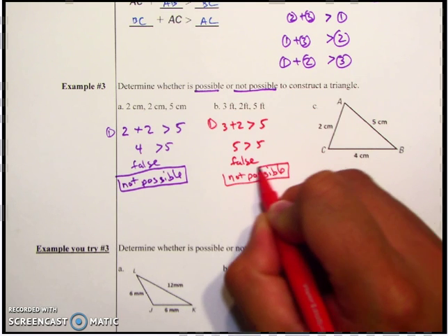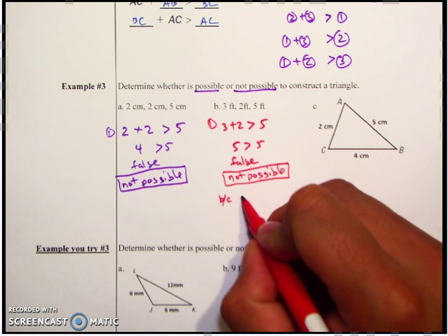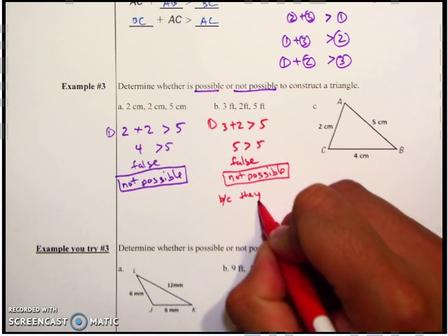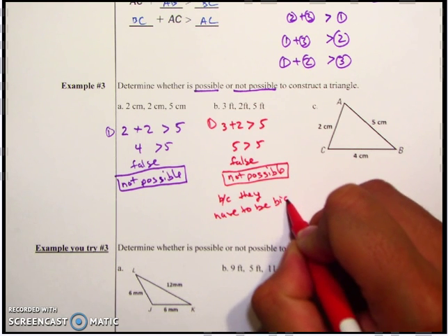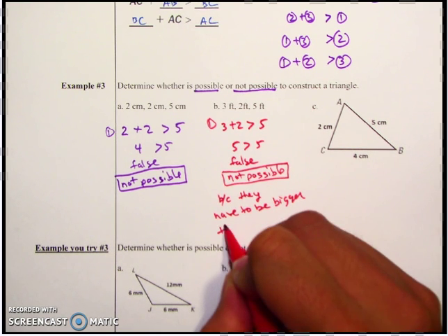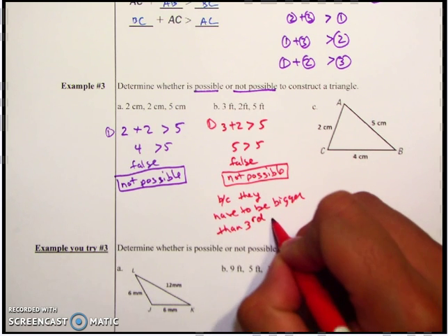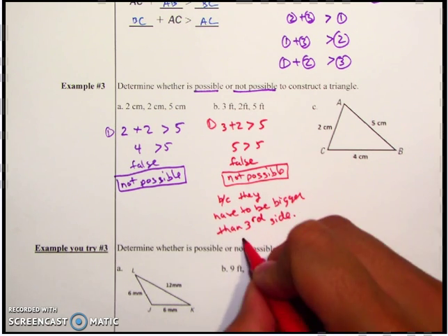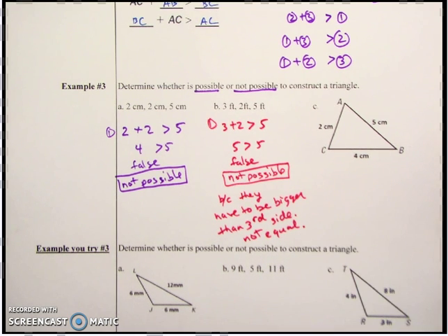You might want to write a little bit of note here, because they have to be bigger than the third side. Okay? Not equal. Just a note to yourself.